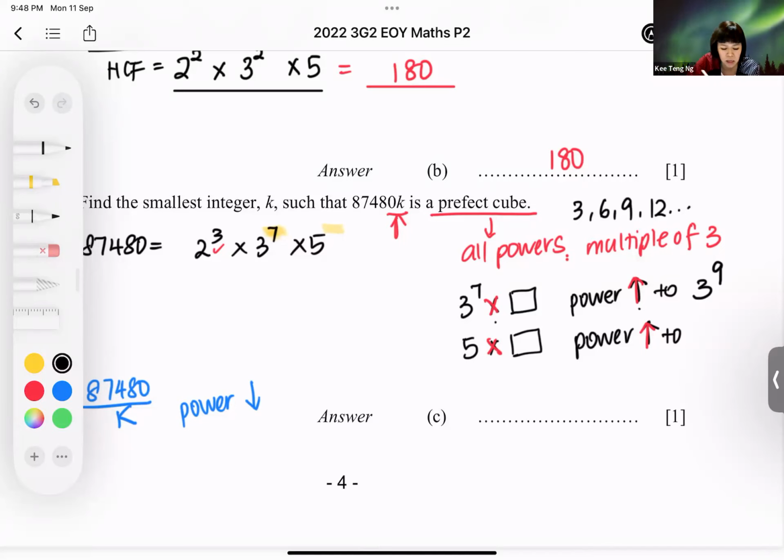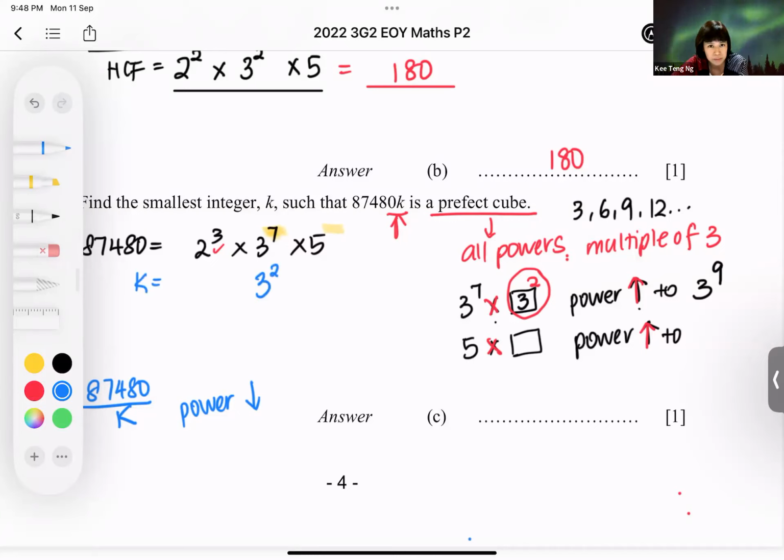If that's the case, I need to multiply this by 3 to the power of 2. So that I have 3 to the power 7, 3 to the power 2, it becomes 3 to the power 9. So this k that I'm going to multiply will be 3 to the power 2.